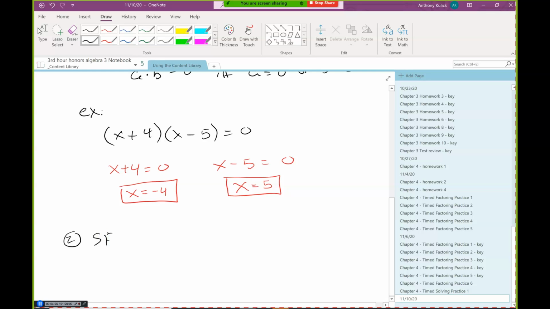So let's talk about what we would do if we have a standard form polynomial. What we do is we can try to take our standard form polynomial, convert it to intercept form, and then try to use that zero product property.